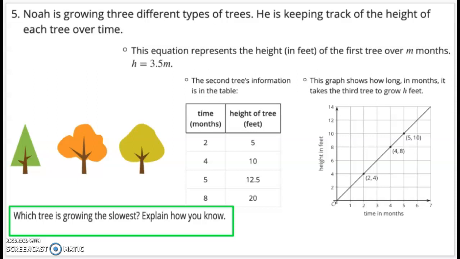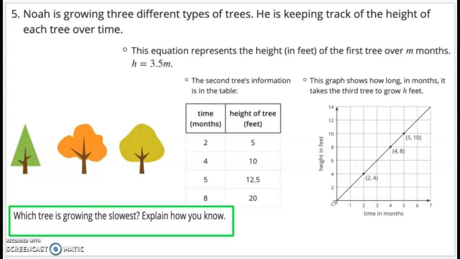In the first column, you've got time, also in months, and in the second column, it says height of tree in feet. The third tree, he's keeping track of the data, representing the data through a graph in which the x-axis is the time in months and the y-axis is height in feet.